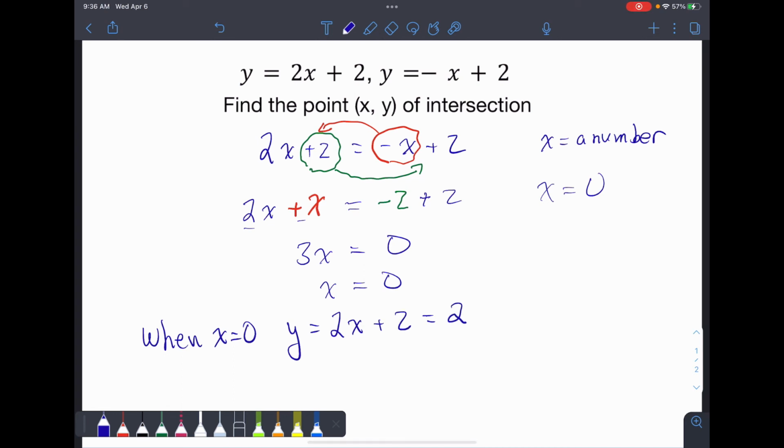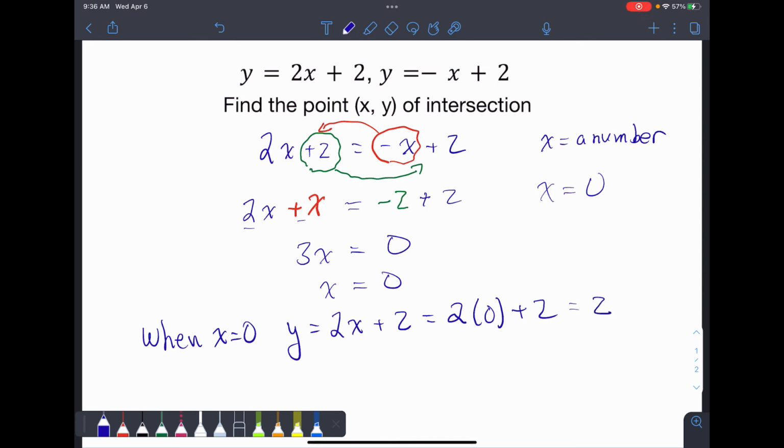And I'm going to replace x with 0. So this x here just becomes 0. And then I have an expression just with numbers. I can evaluate it. 2 times 0 is 0 plus 2 is 2.